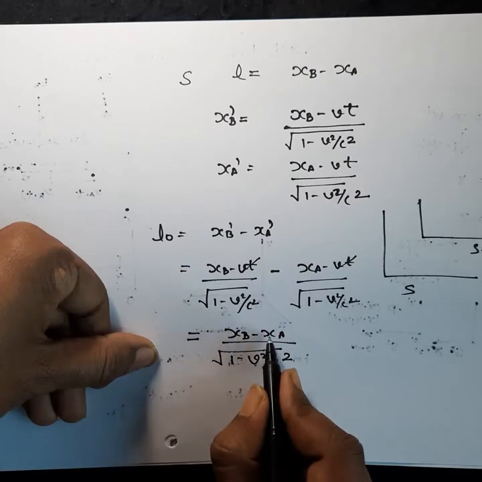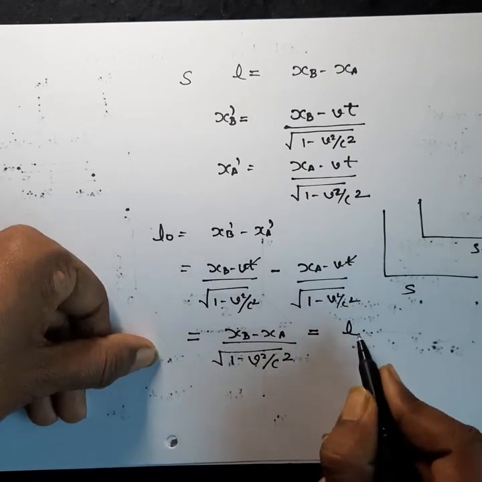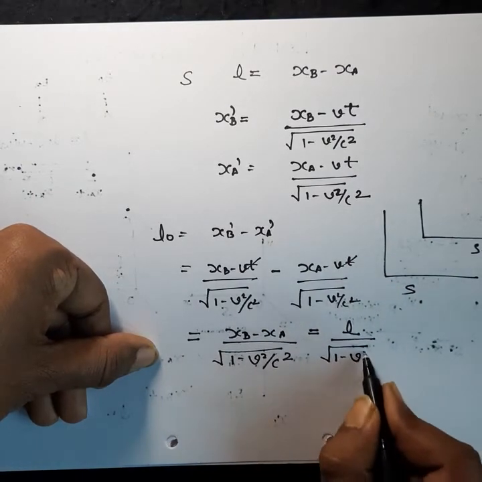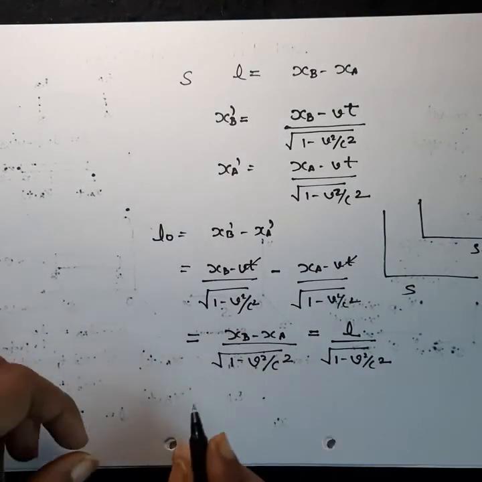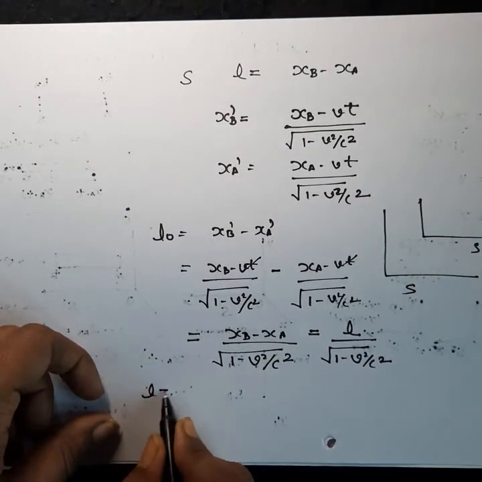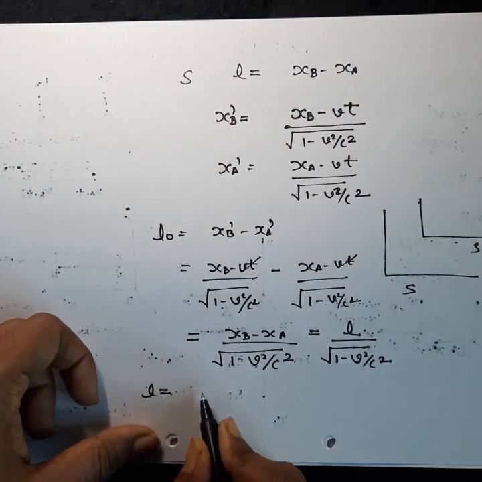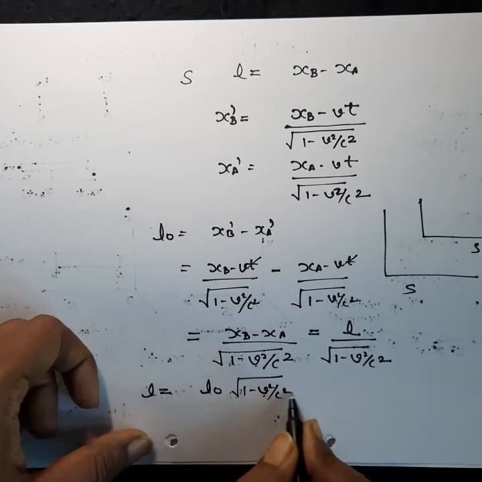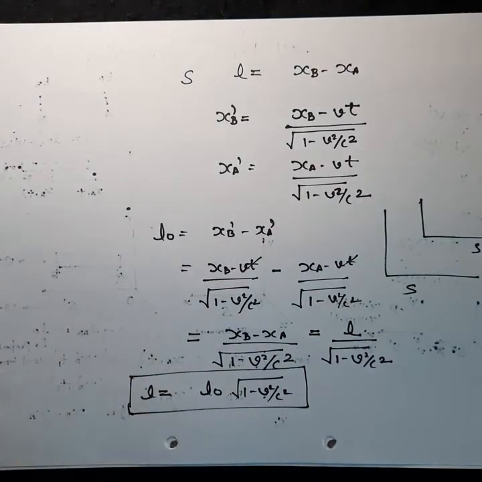So when you subtract, vt will cancel each other, and xb minus xa divided by root of 1 minus v square by c square. This xb minus xa is the length measured by the observer of the S frame of reference. So the length measured by the observer of the S frame of reference can be written as L is equal to L0 times root of 1 minus v square by c square. So this is the length contraction formula.